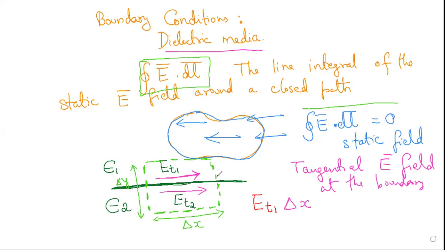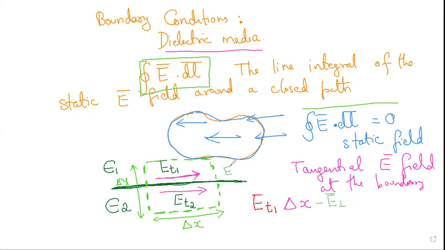Okay. Now I'll continue around the loop, and I am now coming across some component of electric field which I have not declared at the moment. I will simply say E perpendicular, and I will say delta y.